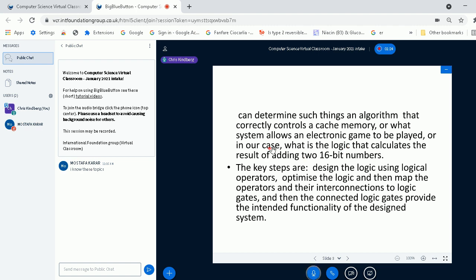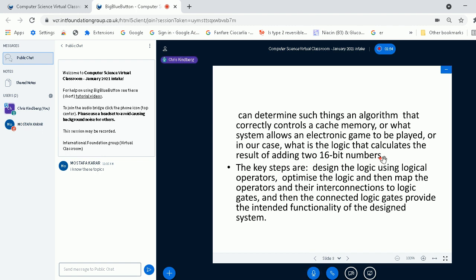Or in our case, and it's a very simple case, we're going to ask ourselves, what is the logic that enables us to calculate the result of two 16-bit numbers? And we want to come to understand how, by providing the Boolean logic of what's happening, we can move from the logic equations to hardware, real hardware.